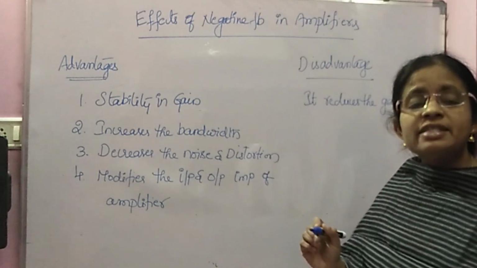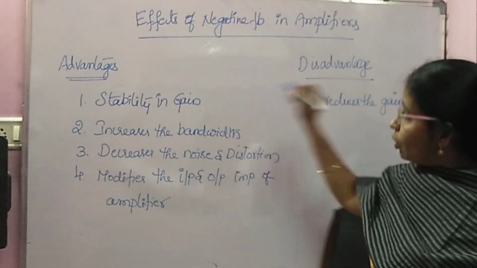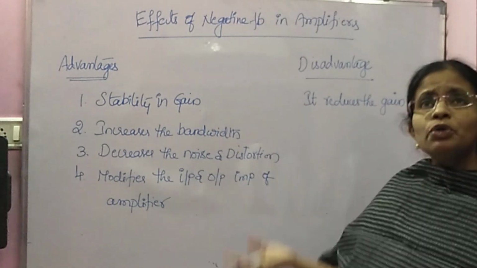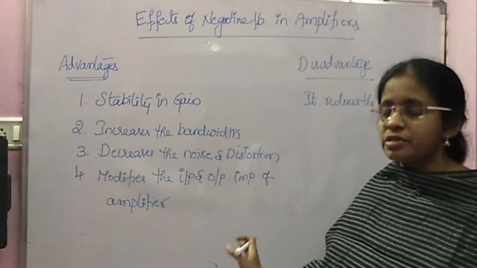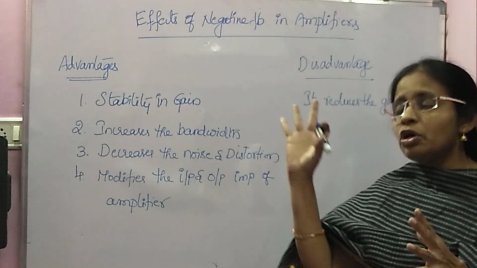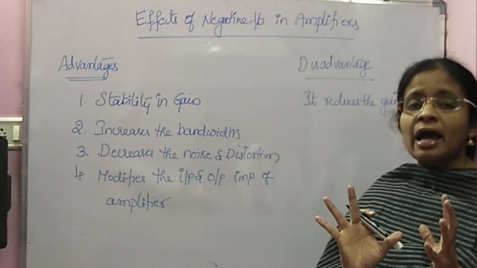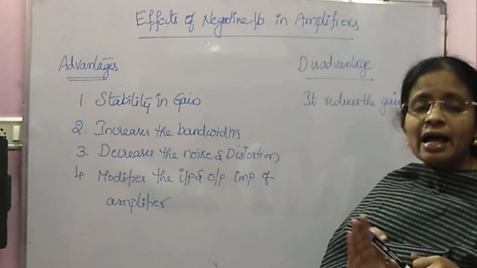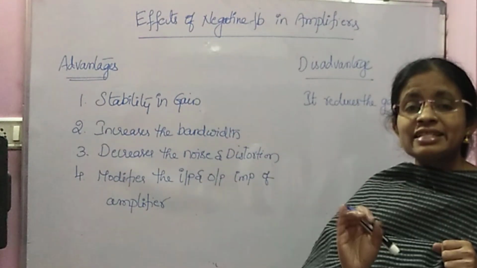Though the gain is reduced, why are we using negative feedback in amplifiers? Because of all these advantages. When designing a feedback amplifier circuit, you design for your required gain, and at the same time you get all these advantages. In the next class, I will explain all these advantages in detail.